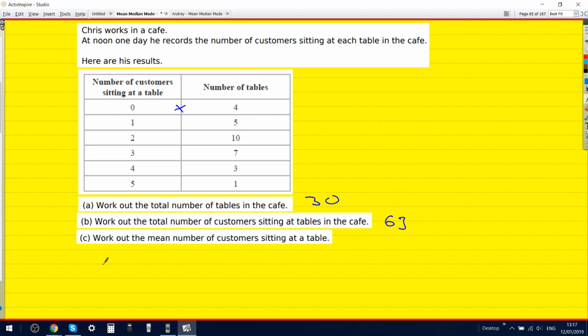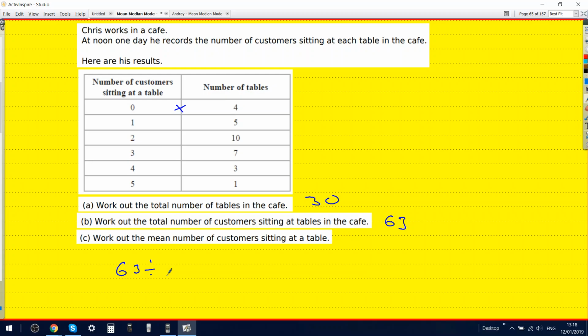So then how would you do part C? You do 63 divided by 6. That's the number of categories. No. Average people per table. Work out the mean number of customers sitting at a table.